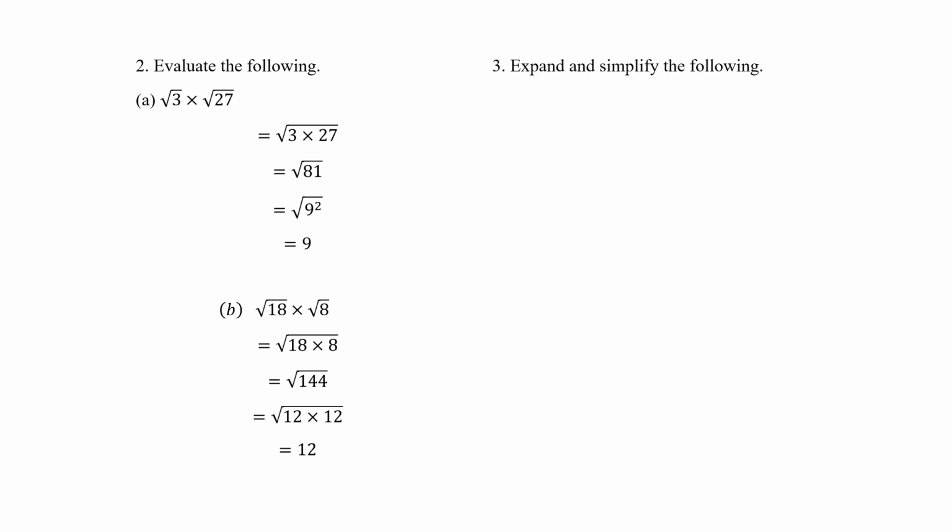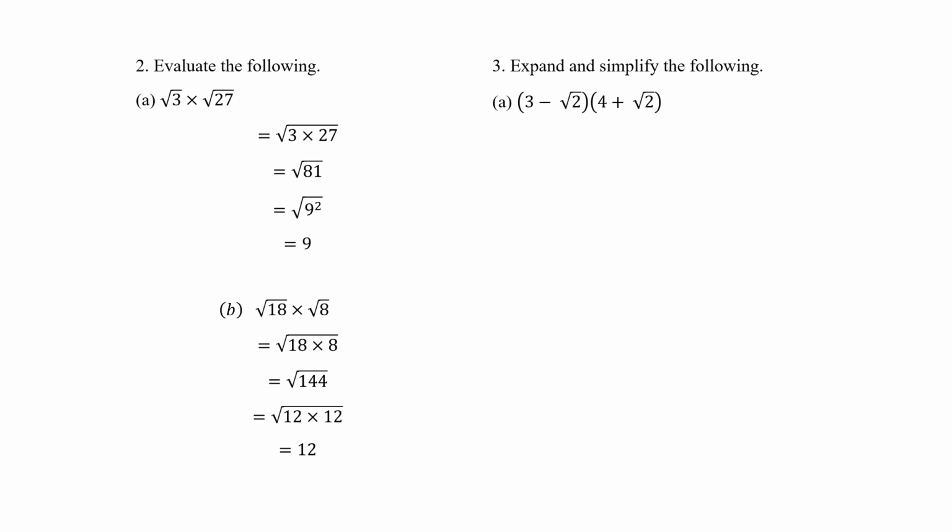Then we go to number 3, expand and simplify the following. So even in surds, we can have two brackets multiplying each other, and the expansion here we shall later see is going to be useful in the next parts.